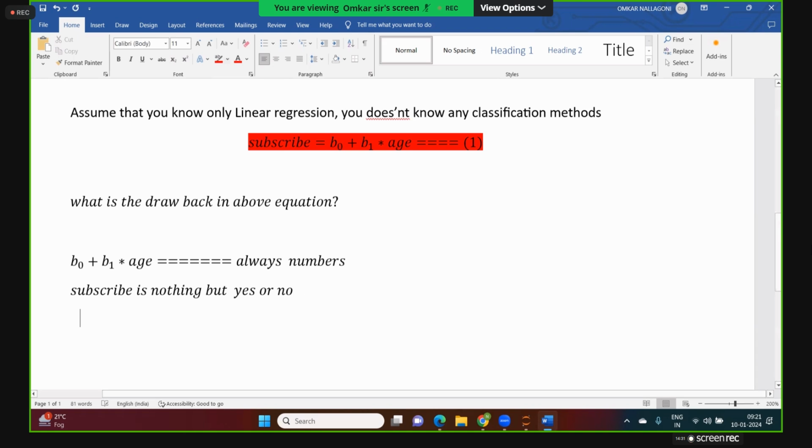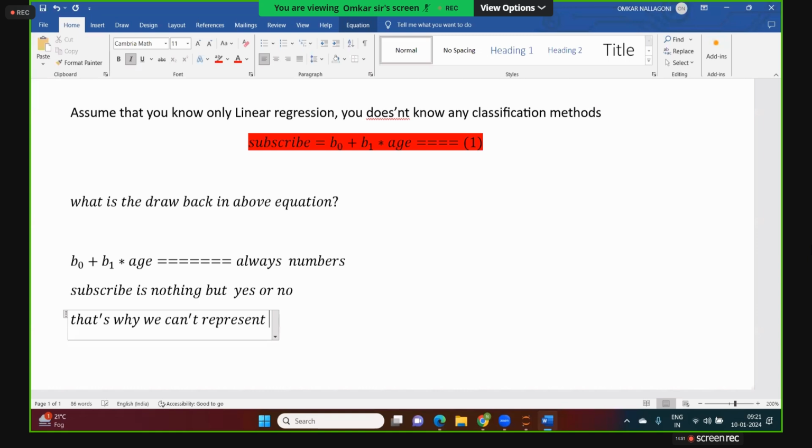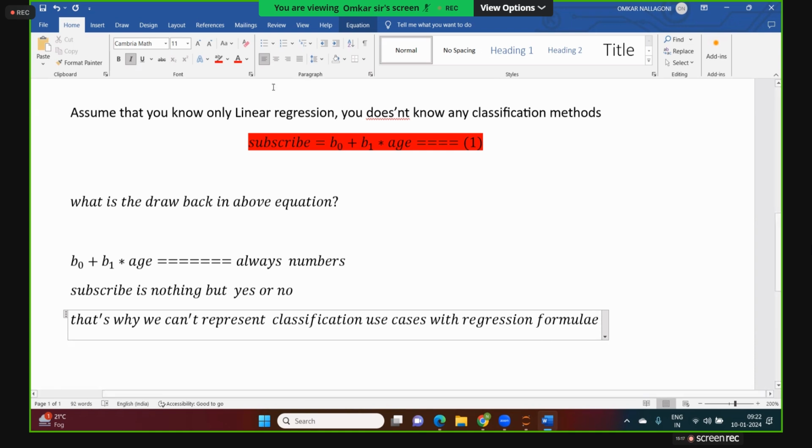That's why we can't represent classification problems, classification use cases, with the regression formula. Is that clear? Can you please confirm in the chat?